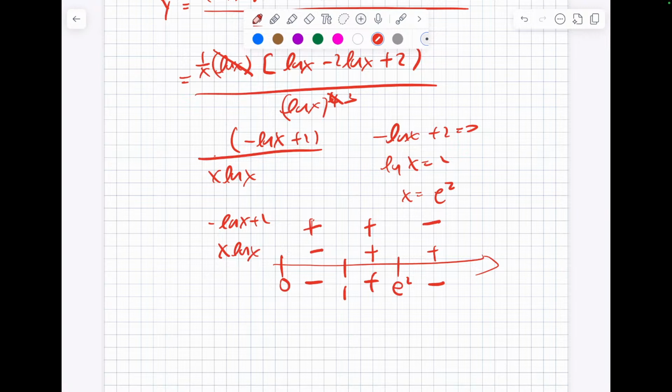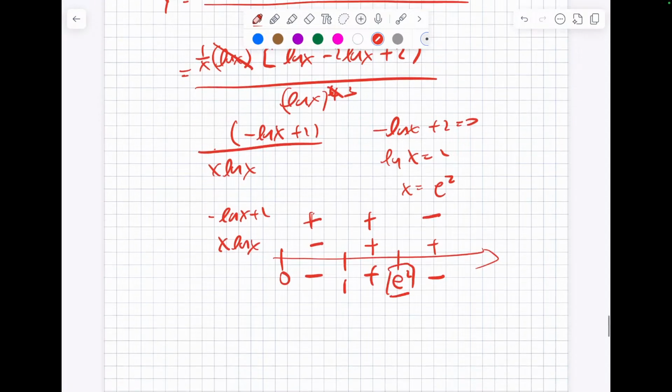Wait, is 1 a maximum or minimum? My brain's not working. Oh, inflection point. Is 1 an inflection point though? Hold on, did I make a sign mistake? I know e squared for sure, yes.